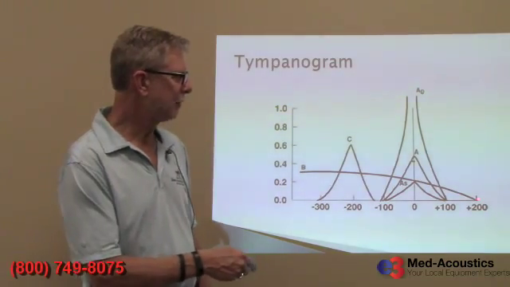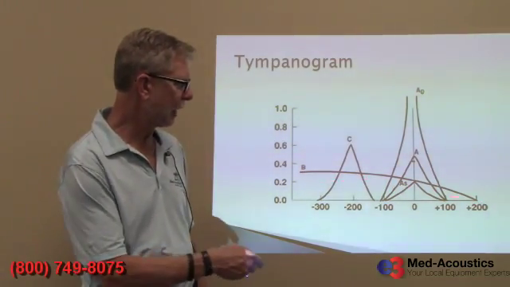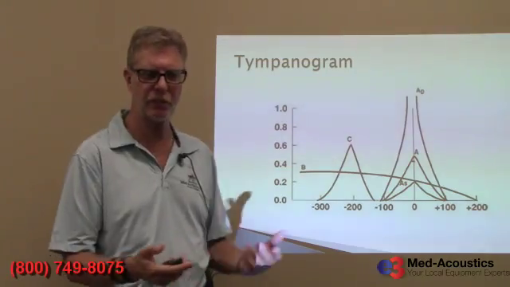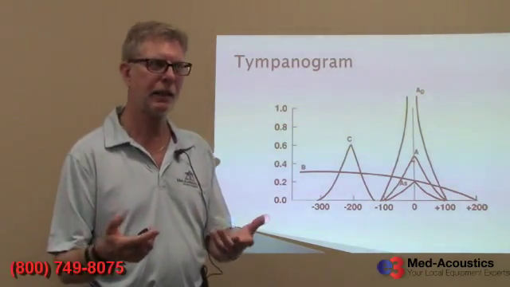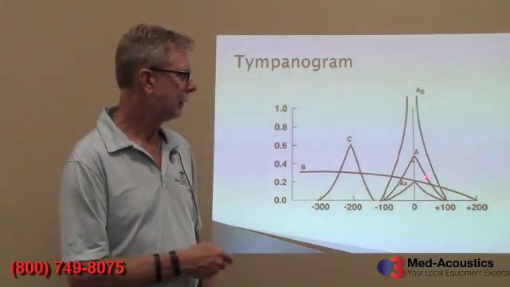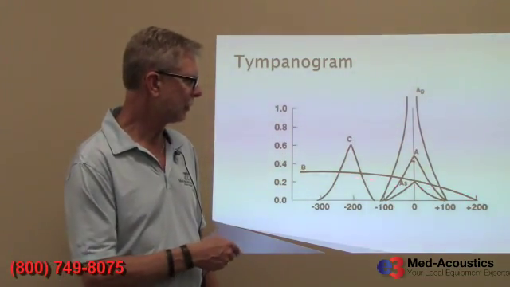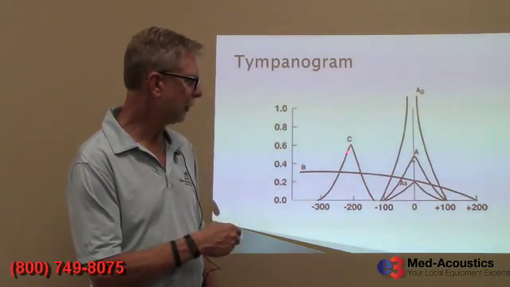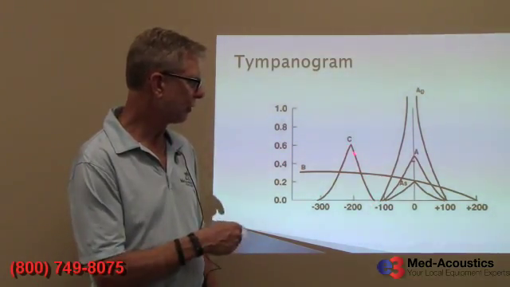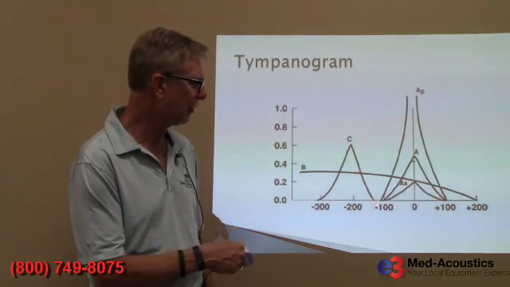And then you have a flat tympanogram. Sometimes it arcs like this, but essentially flat tympanogram. That means that there is fluid in the middle ear, and so you have much less movement than normal. And then you even have a type C. Here you have normal movement as far as the height or the compliance value.